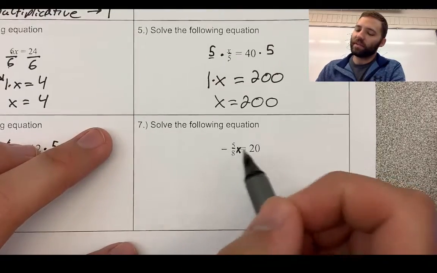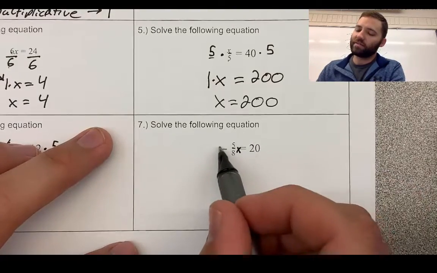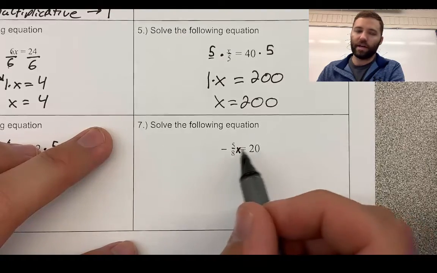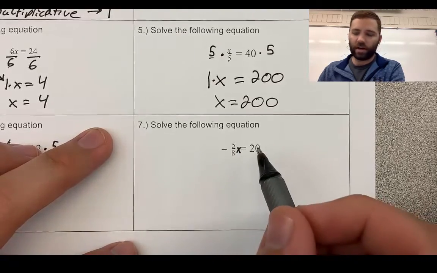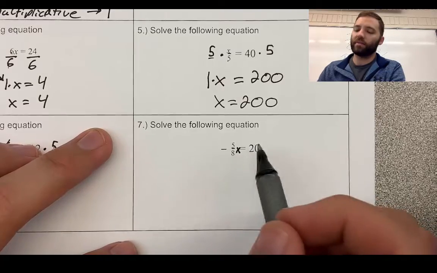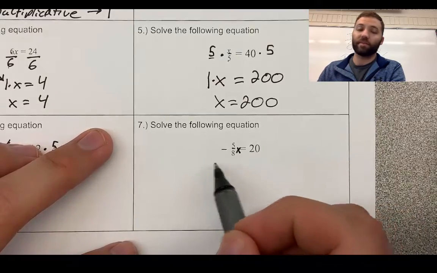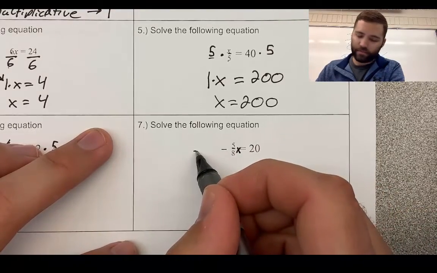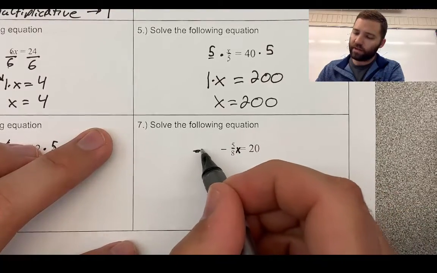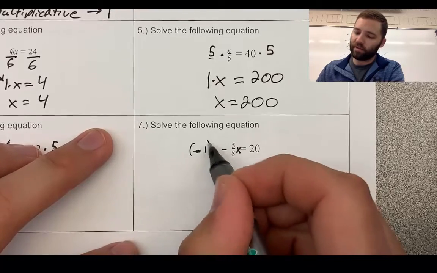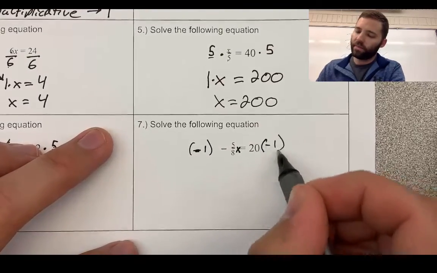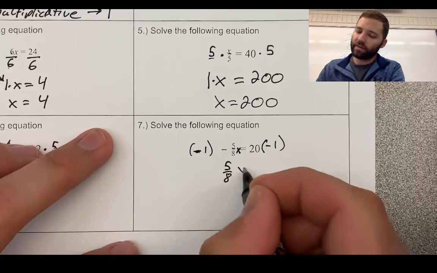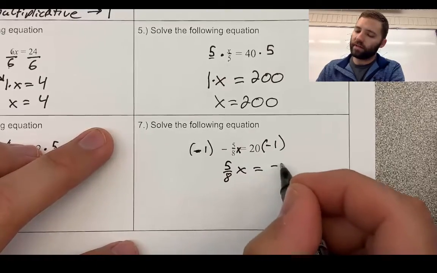And to undo this negative sign, we need to multiply both sides by a negative 8 over 5 instead of just 8 over 5, because a negative times a negative will give me a positive on the left. In fact, we'll be even more careful. I'm not being careful enough, I suppose. Negative 1 times the left will give us 5/8 x equals negative 20.